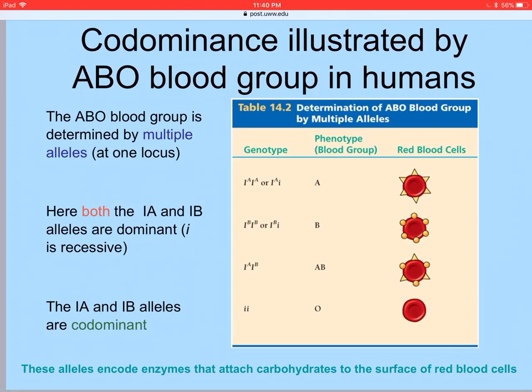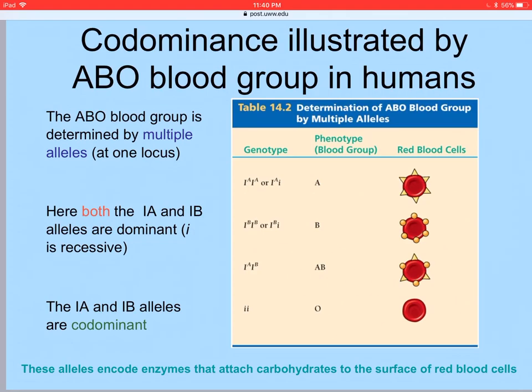Now, when we look at the genotype, there's a couple of different ways that you can achieve some of these phenotypes. For example, if you are blood group phenotype A, you can either be homozygous for the A condition, so you can have two A alleles, or you can have an A allele and an O allele. For the B phenotype, you can have either two Bs, or you can have a B and an O. That will still make you a B phenotype.